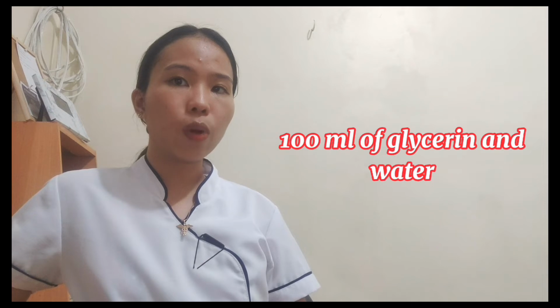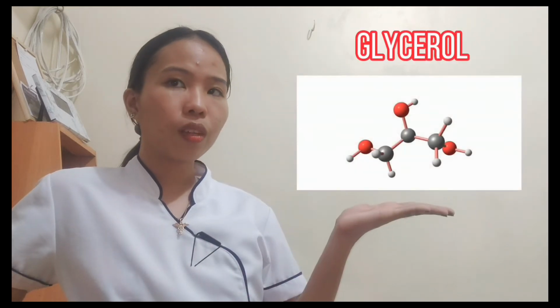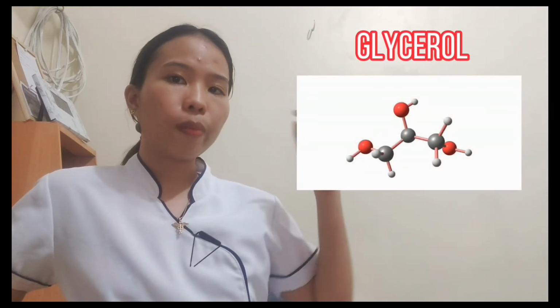Next naman po ay 100 ml of glycerin and water yung kailangan mo. Equal volume dapat ang glycerin at water. In terms of glycerin, it is also known as glycerol, which might be from vegetable oils or animal fats. Its molecular formula is C3H8O3.